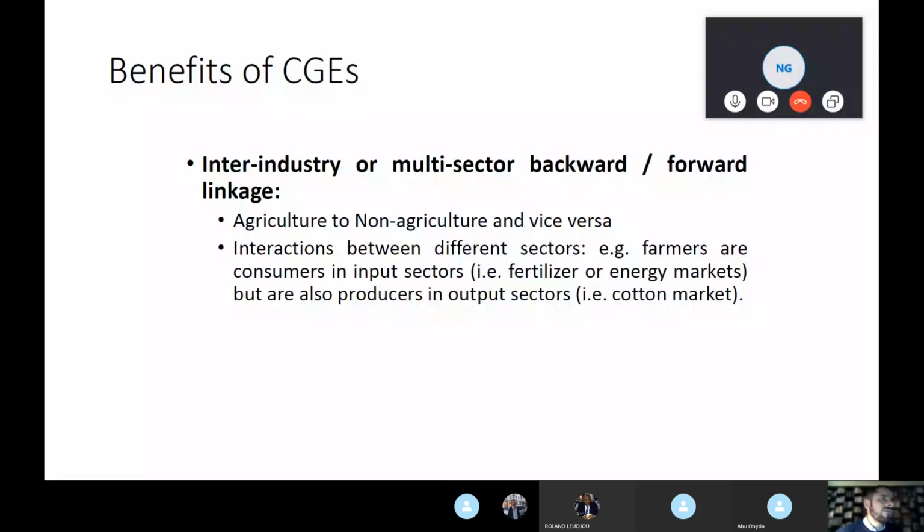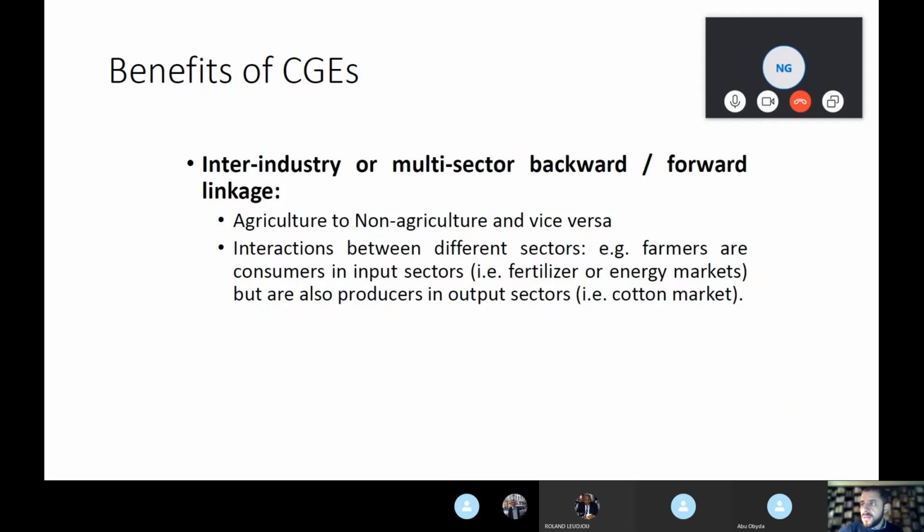So this means that if we have a shock, for instance, let's take the oil subsidies example again. If subsidies on oil are reduced, oil prices are going to increase, and if they increase, demand of different sectors will decrease.